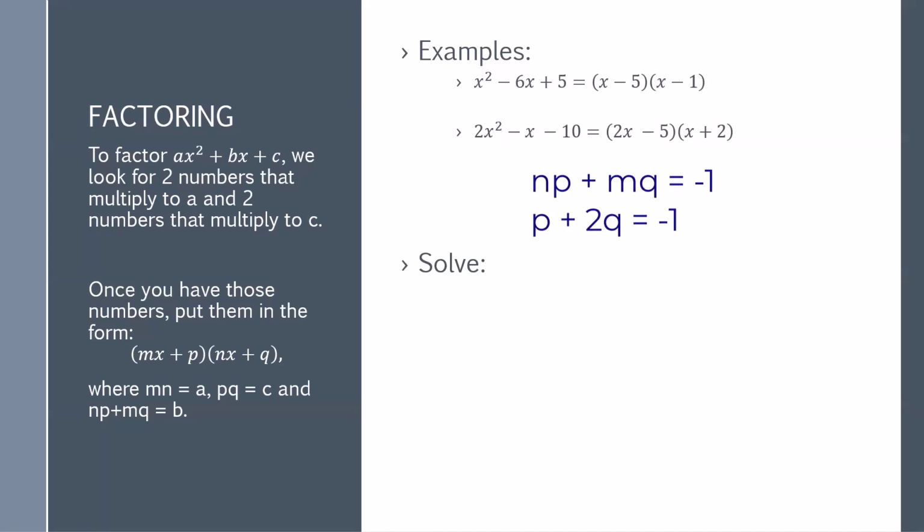Here, if you look at what combination of m, n, p, and q give np plus mq equal to -1, we get 2x minus 5 times x plus 2. In examples like this, if you know that 2 and 1 are the coefficients in front of the x, then you can figure out the coefficients at the end of the expression by fiddling around a little bit with it.